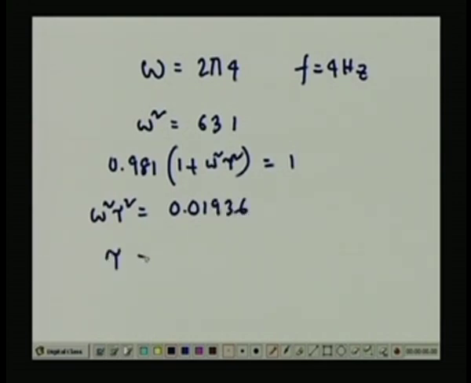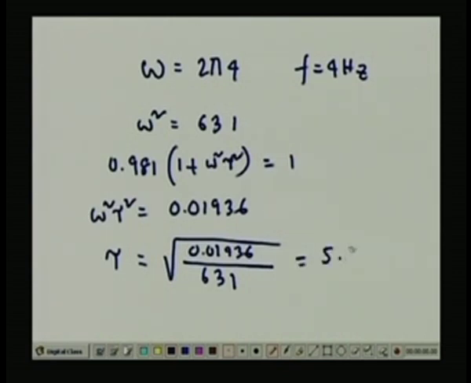So tau will be the square root of 0.01936 divided by omega square, which is 631. So it will give you tau equal to 5.6 millisecond.